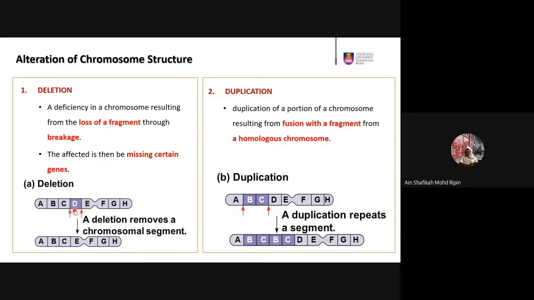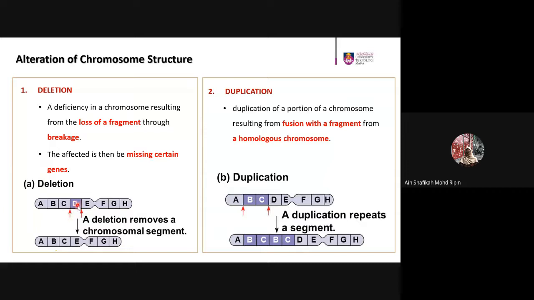So for example, you delete this segment D. Obviously this region will have several other different genes that code for specific proteins involved in the expression of certain phenotypes. Let's say here there is a gene that codes for the production of skin pigmentation. So that gene will be gone, understand?